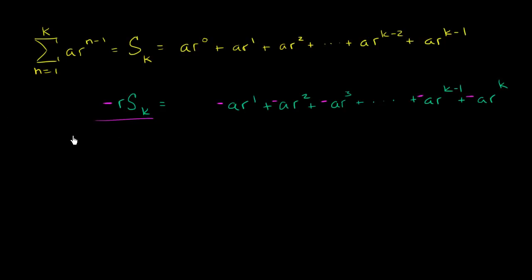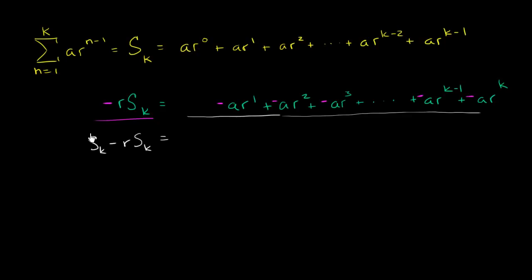So on the left-hand side, we're just going to get s sub k minus r times s sub k. And it's going to be equal to, on the right-hand side, and this is where it gets really neat, we're going to have a times r to the 0th power, which is just a times 1.